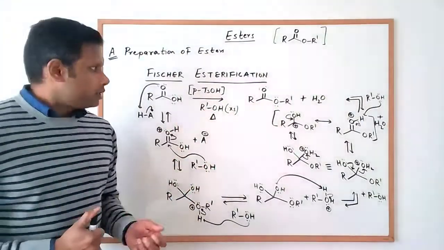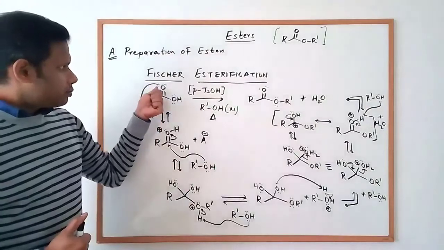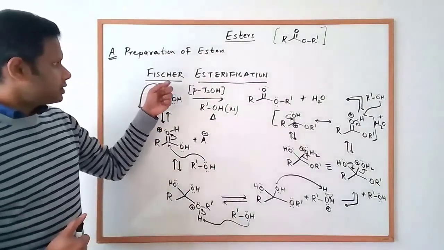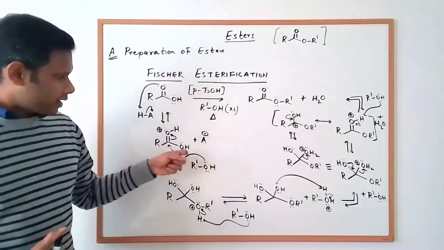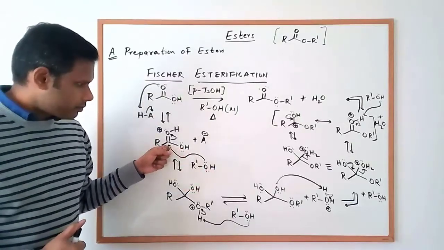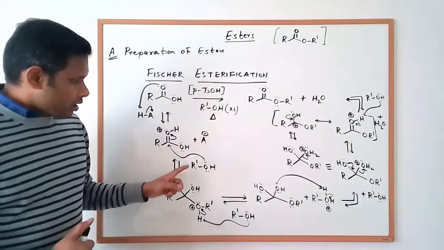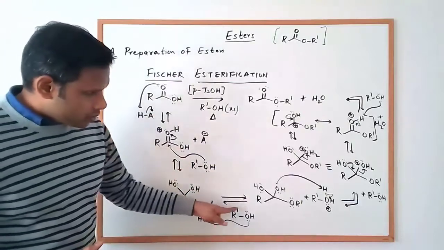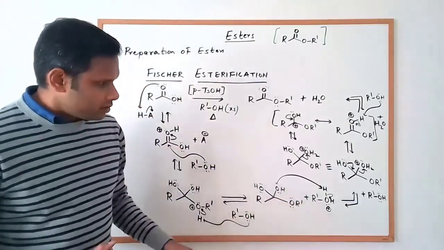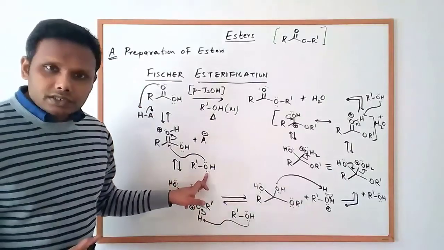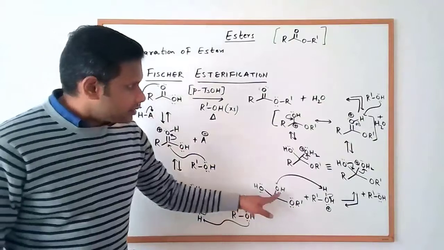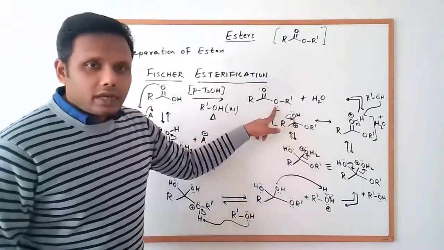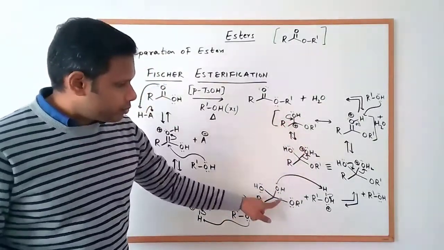Important thing to note is that the initial protonation happens at the acyl oxygen, and then the alcohol attacks the acyl carbon. And as you work through the mechanism, if you track it, notice that the oxygen coming from the alcohol is what ends up as the ester oxygen in the product.